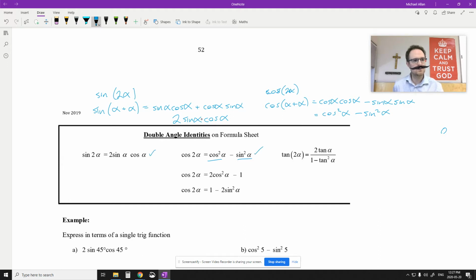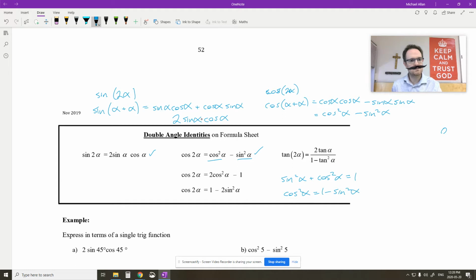So we know these two. The other identity below it comes from using the Pythagorean theorem identity, which says, I'll just write that right here: sine squared alpha plus cos squared alpha is equal to 1. Using this and rearranging it, solving for cos squared alpha, you get 1 minus sine squared alpha.